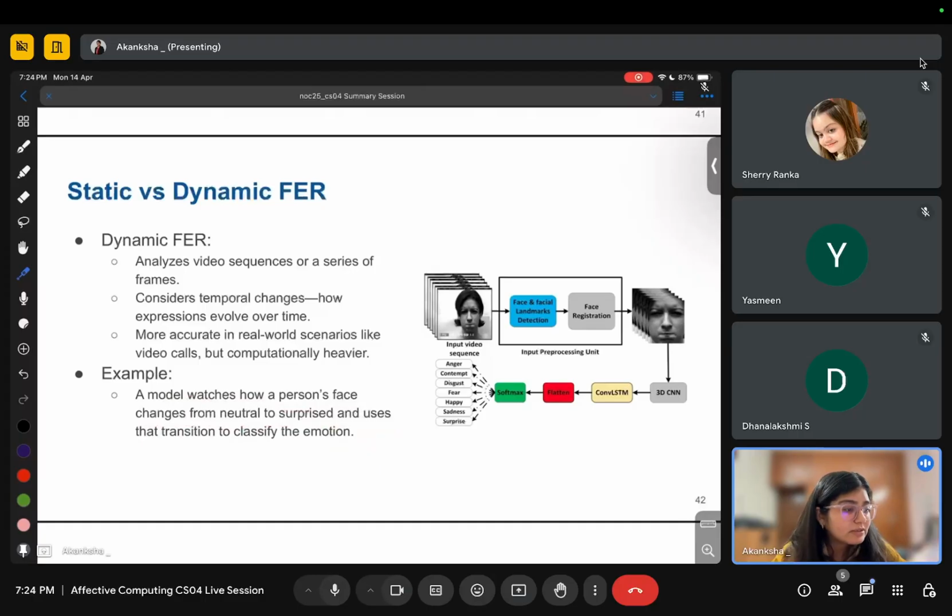So usually you can see there are so many frames, and then we input, maybe frame by frame or temporally, we are extracting some facial region, then a CNN based model is there, LSTM is usually used when we have some temporal component. So we can use different models and ultimately it can detect the different emotion associated, okay.